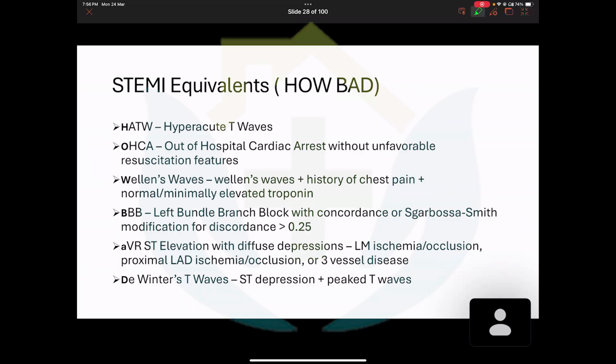In the EDIC 1 exam, they have already asked about hyperacute T waves, De Winter T waves, the Garbosa-Smith criteria, and the Wellens waves.